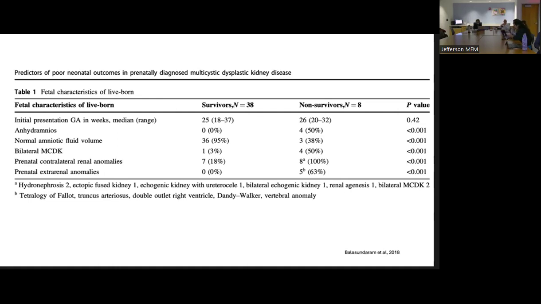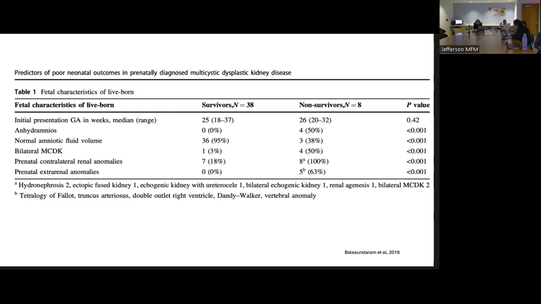Contralateral renal anomalies were diagnosed in 7 of the survivors, so 18%. They listed what those specific cases were. There were 5 cases with hydronephrosis, 1 case with just increased echogenicity, very vague, and 1 case of renal simple cysts.